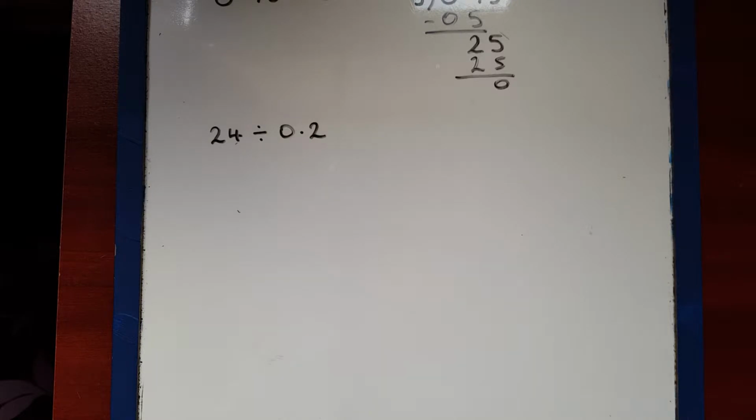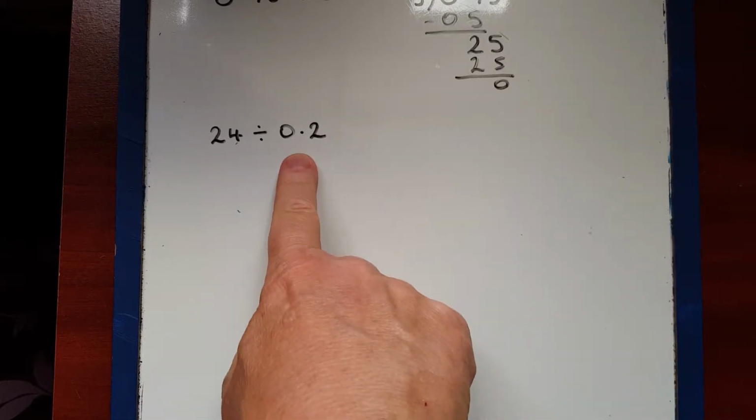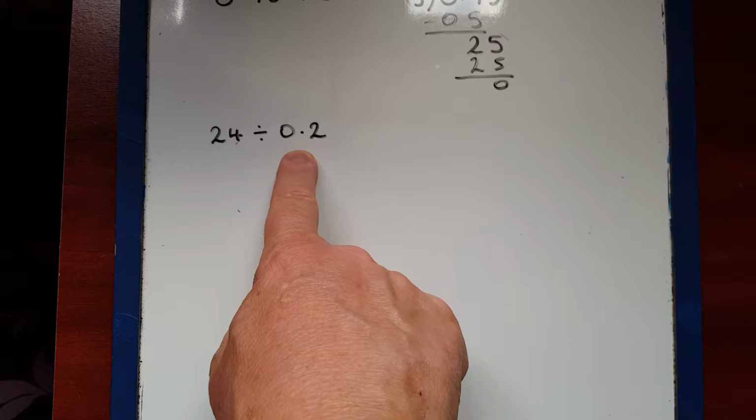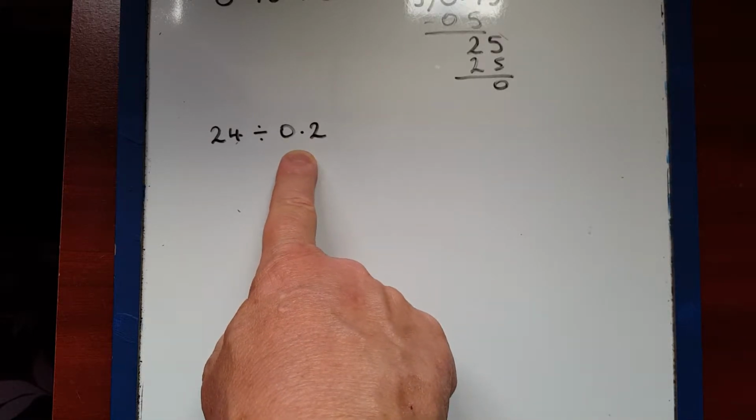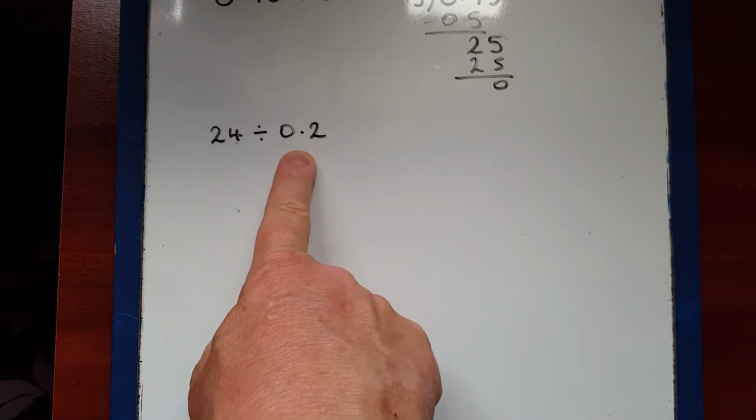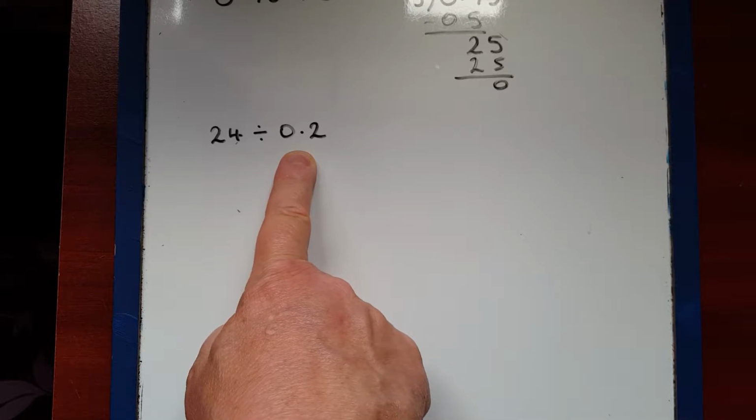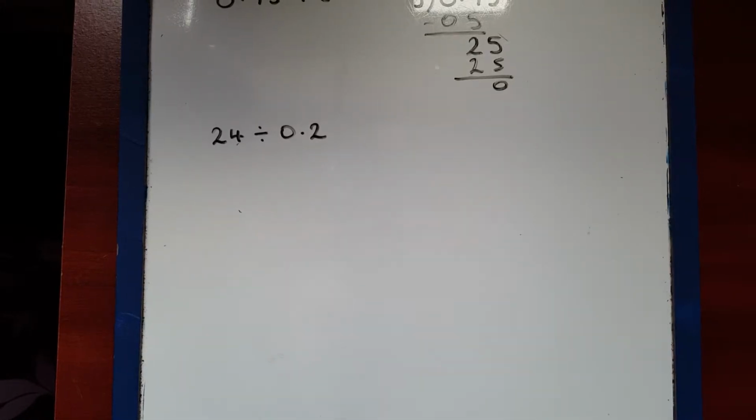Now when you're going to do this, what you need to do is make sure that the thing you're dividing by, that's called the divisor, in this case 0.2, needs to be a whole number, because it's really difficult to divide by decimals, and you're going to get yourself in a terrible mess if you try to.